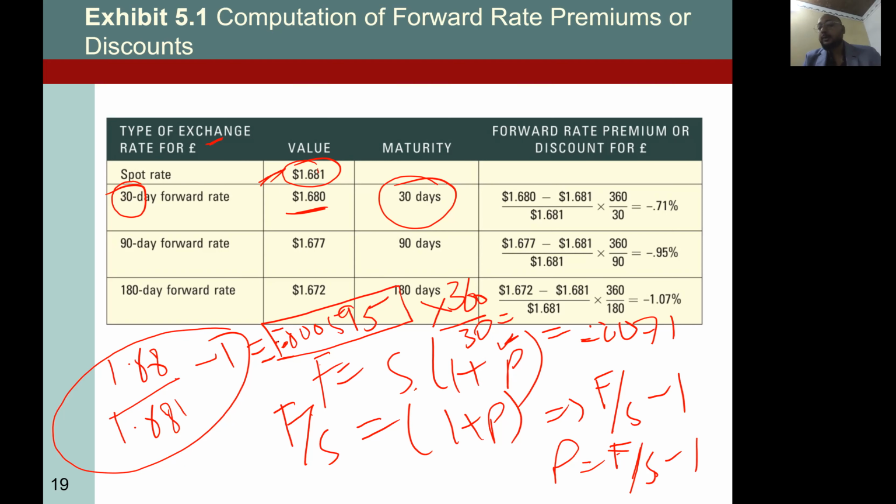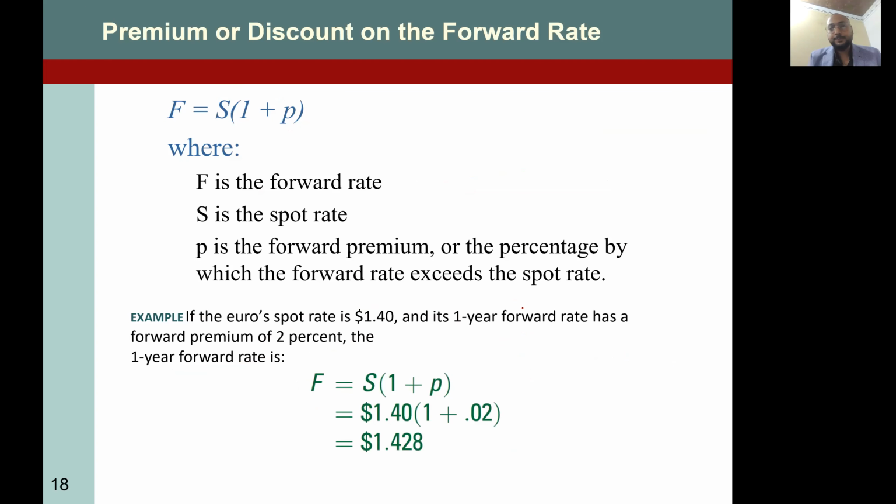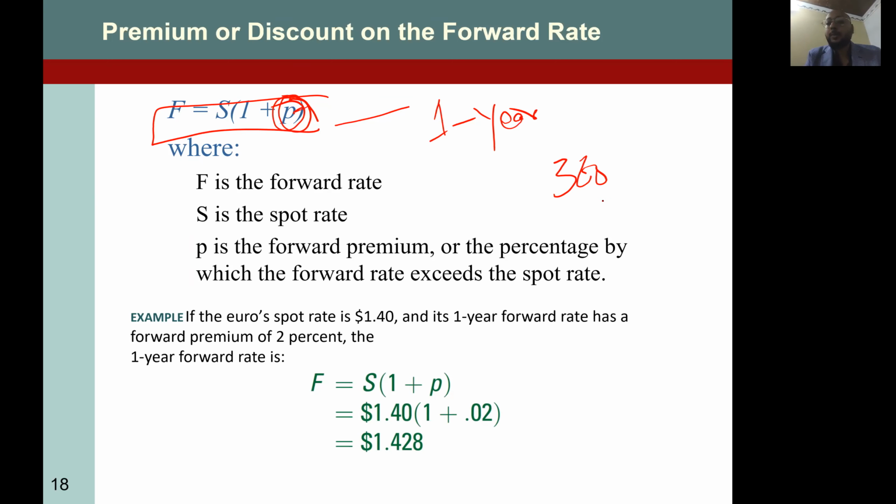All right. So this is how you calculate it. So many students ask me the question, why are we multiplying this? Because the formula is, this premium is for 1 year. That's why we do not multiply here with 360, because 360 by 360 is going to be 1.